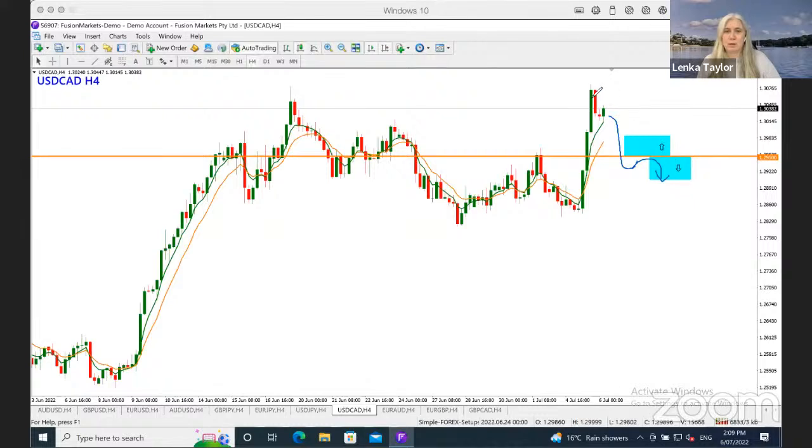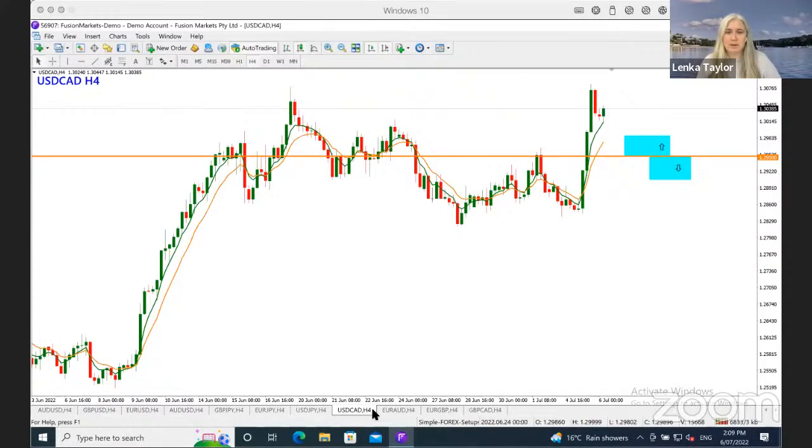Okay, so at this point, we don't know if it's going to be a break and retest, or if it's going to be a break and a false break. So we wait for that to see which way we're going to trade that.